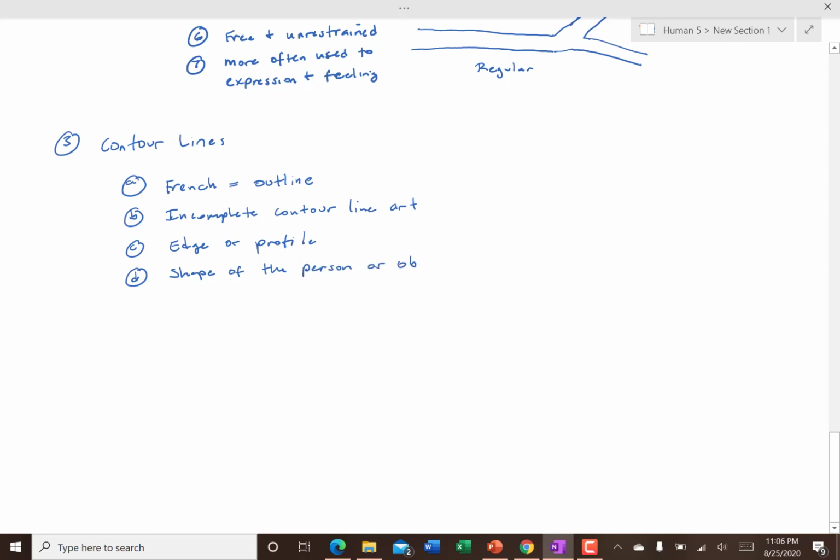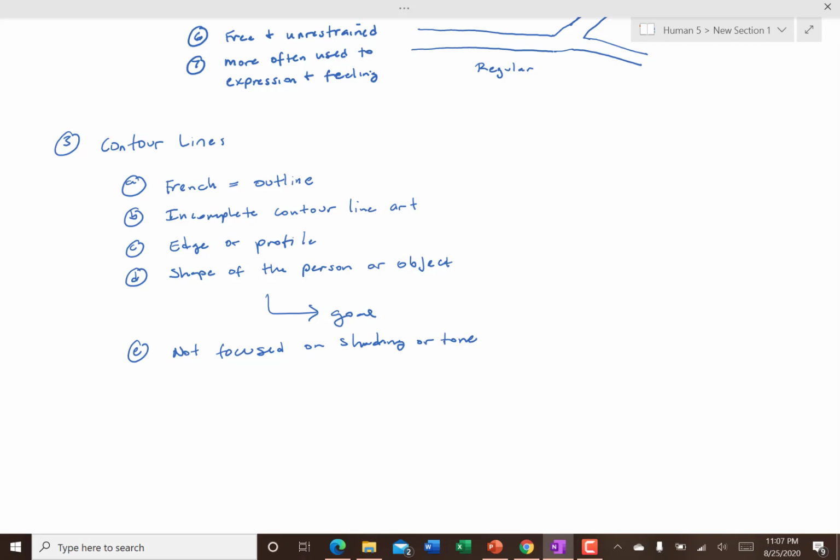And this is inevitably the goal: you're not focused on shading or tone. Instead, you're focused on the edge or profile, the shape of it.